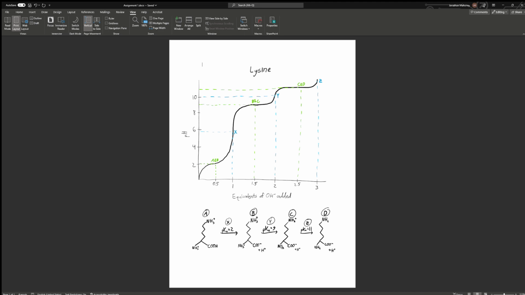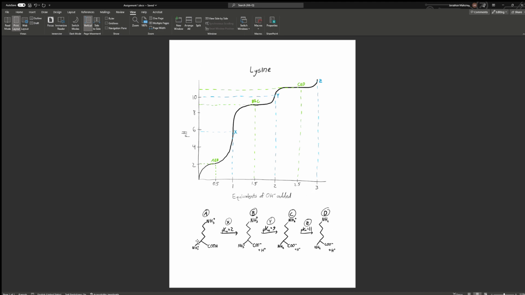This time the amine group here loses its proton, and then over to a pKa of 11 labeled as Z, we're then left with stage D, where this last amine group here has lost the third and last proton.